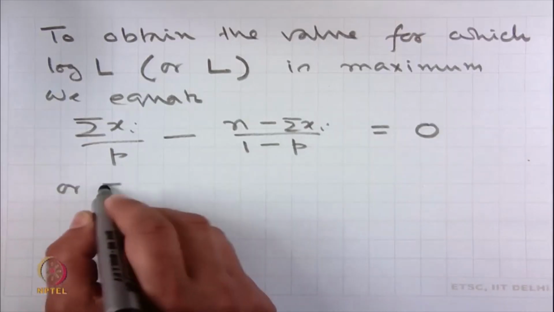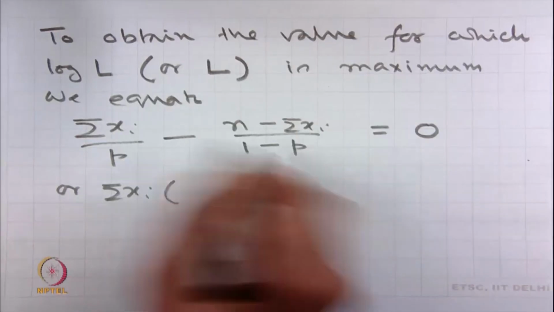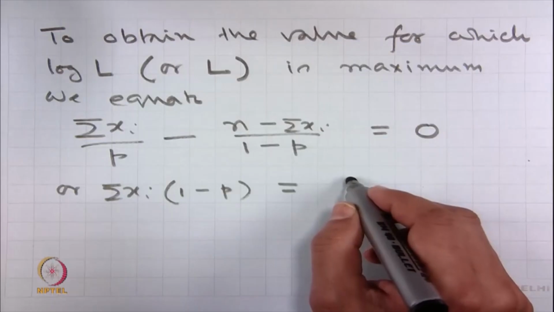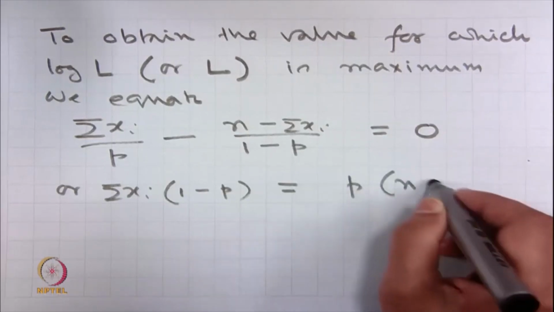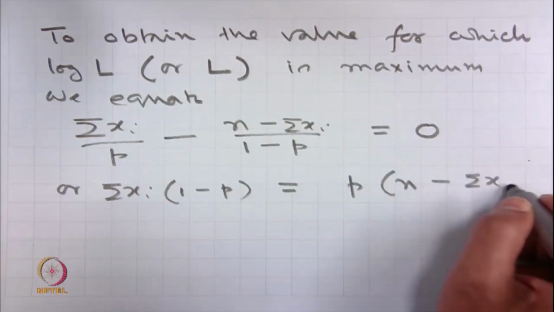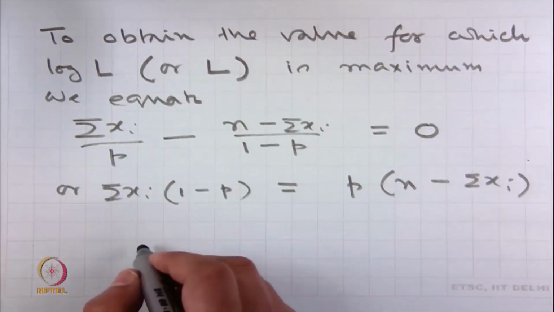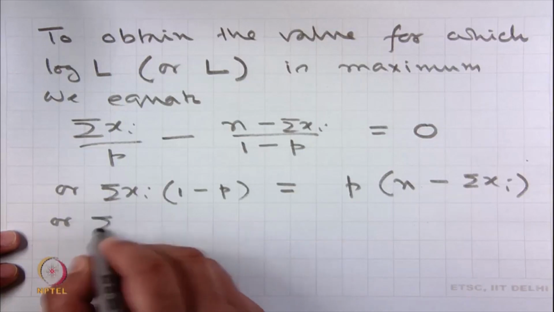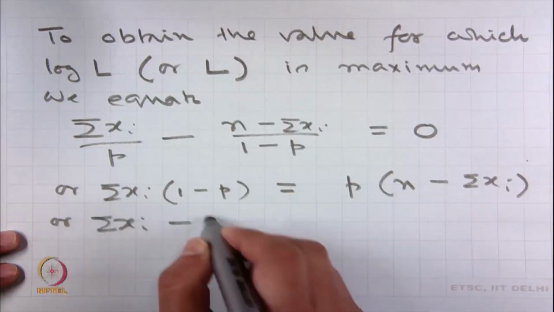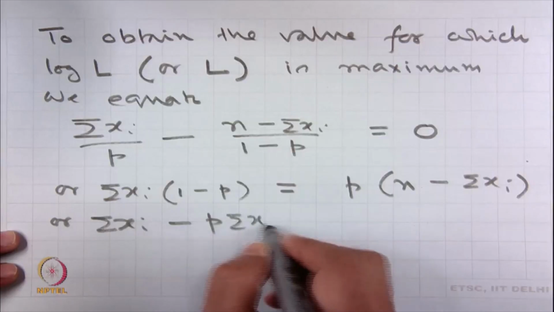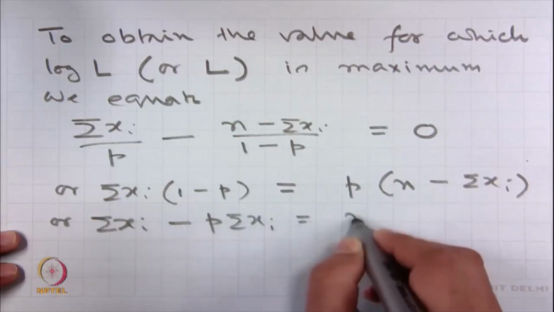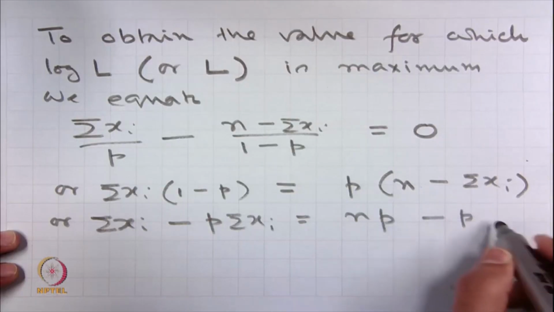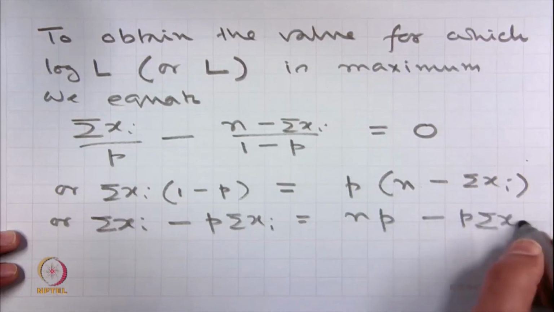Or sigma xi into 1 minus p is equal to p times n minus sigma xi, or sigma xi minus p times sigma xi is equal to np minus p sigma xi.